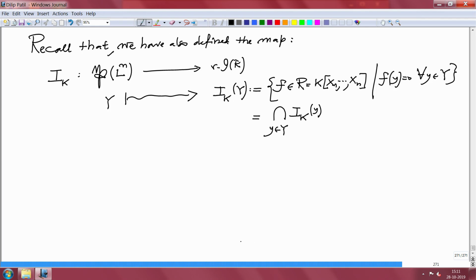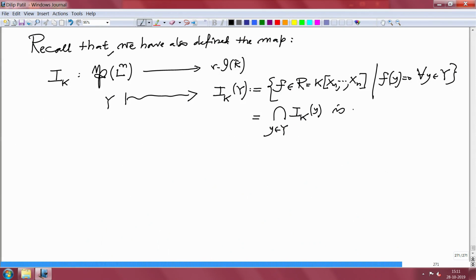So that means, first of all, note that each one of these is a radical ideal, because if a power of f vanishes at y, then f also vanishes at y, because we are working in the field L. Therefore this is a radical ideal in R, because we have taken only polynomials in R. So we do have a map from the power set of L^n to the radical ideals.